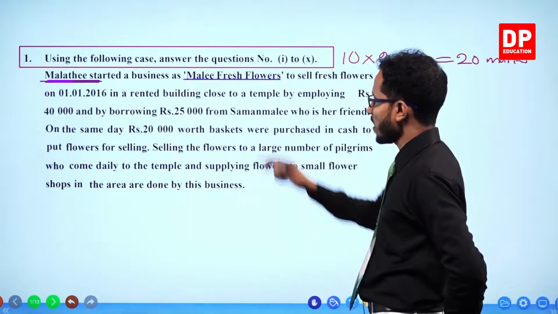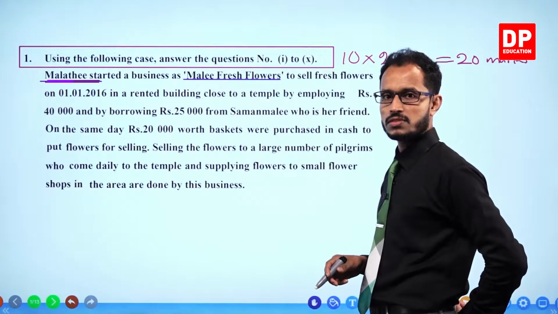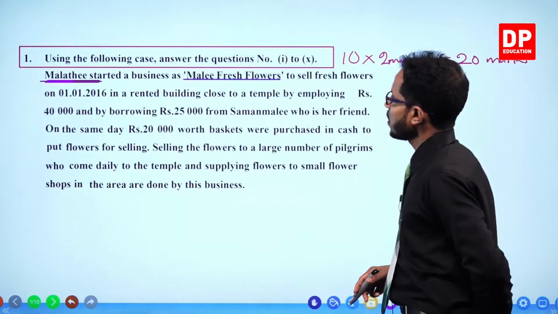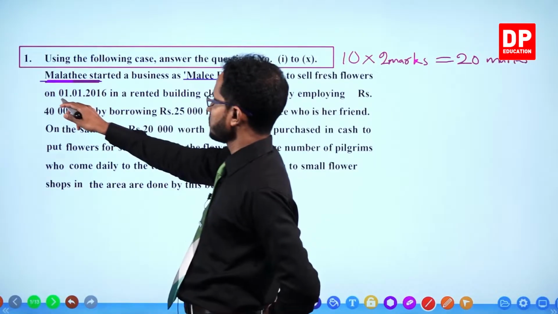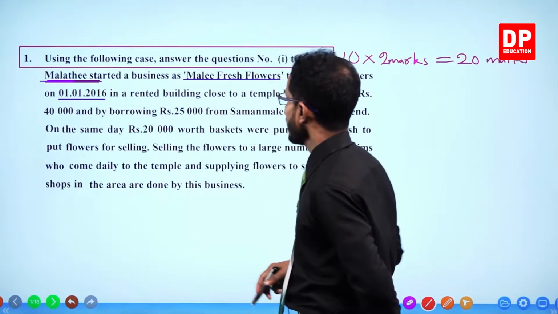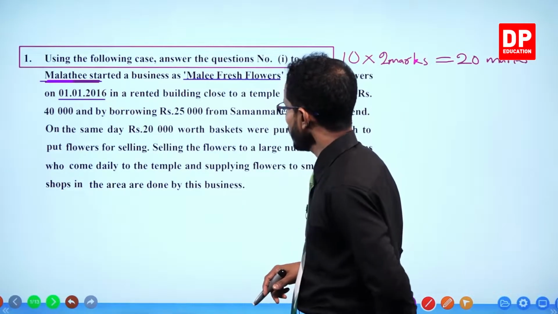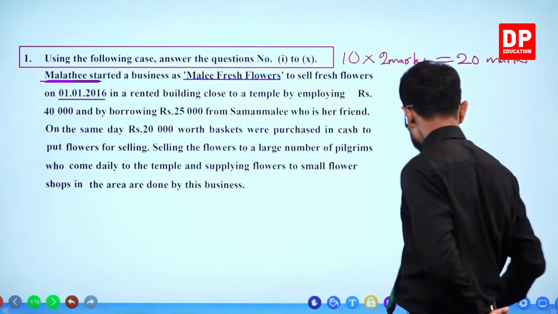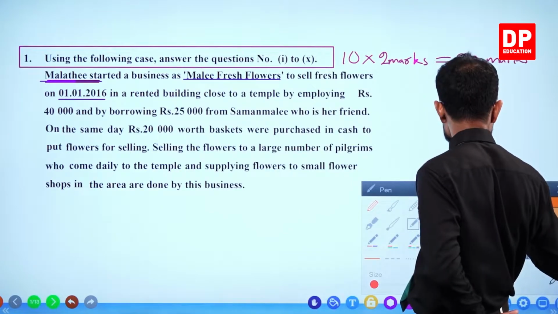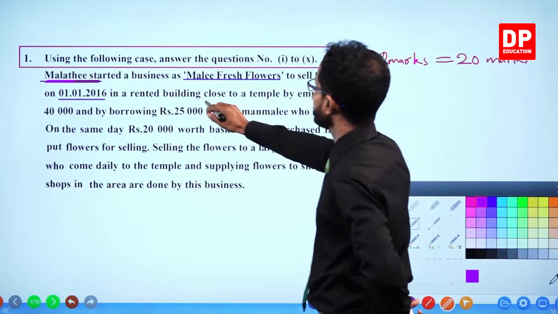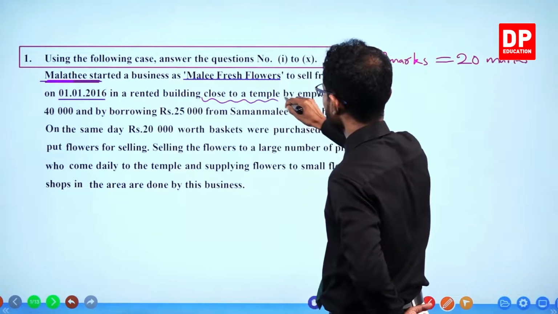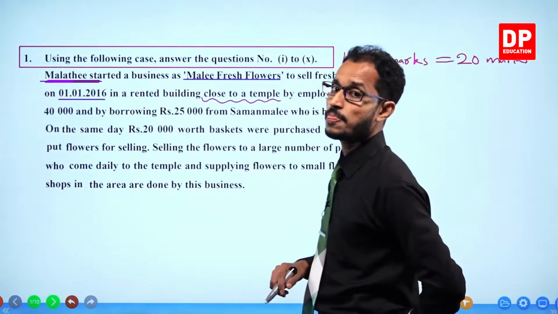It's a fresh flower business. 1st January 2016, that's the starting date. Close to a temple, that is another important fact here.